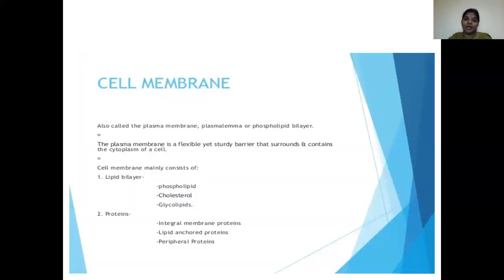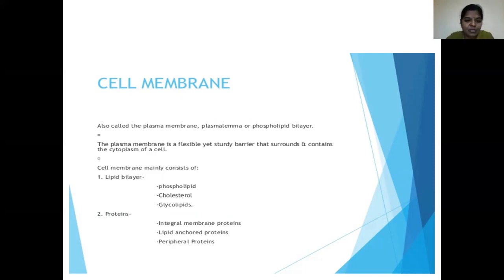So coming to the cell membrane. Before learning the transport mechanisms of your drug from the site of administration to the systemic circulation, you need to know about the cell membrane. I think you might have studied it in the anatomy and physiology subject, right? The cell membrane is also called the plasma membrane, plasmalemma, or phospholipid bilayer.